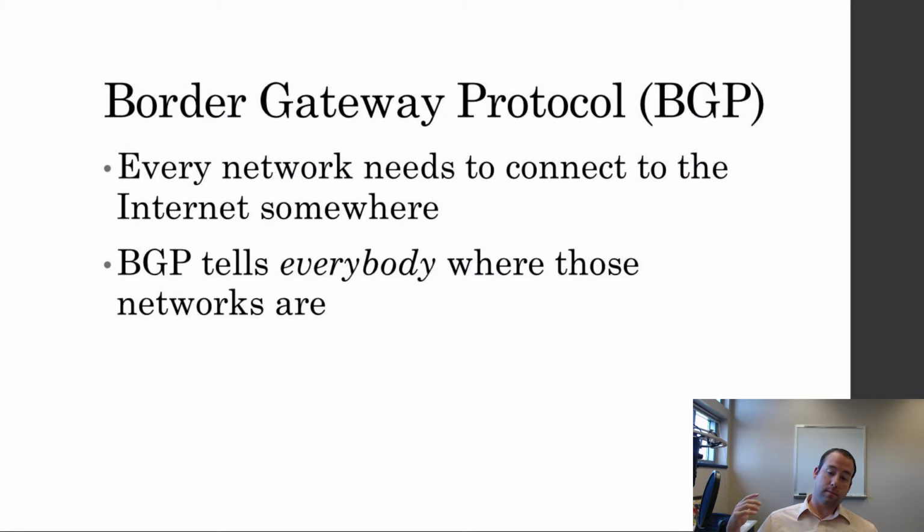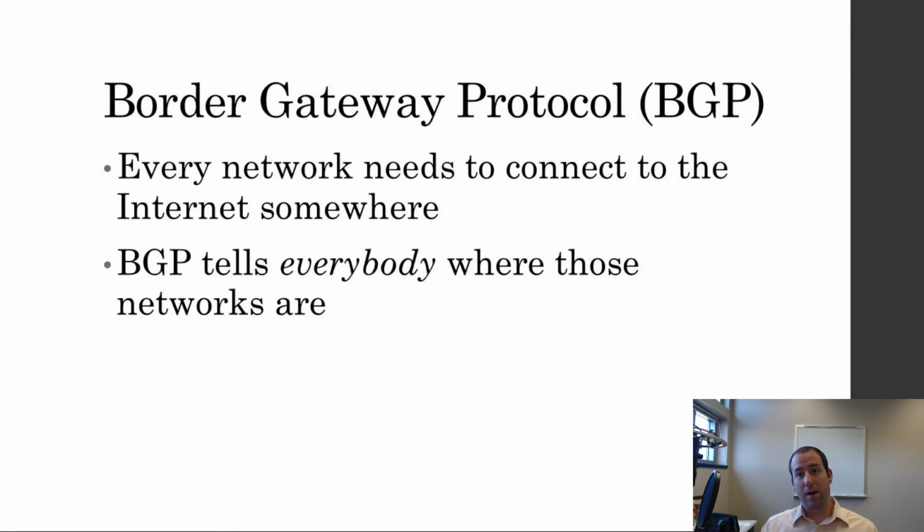But when we're dealing with the scale of the internet, and you think about how many different networks there are that are connected, Amazon's probably got 1,000, and Google's probably got, who knows, tons. There are so many different networks that need to be connected, and sharing all of that routing information would require a lot of storage and a lot of packets.